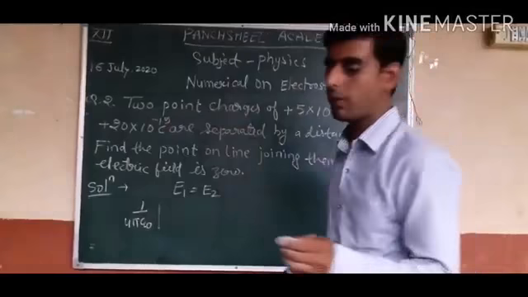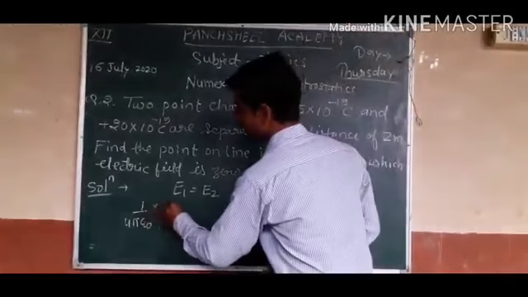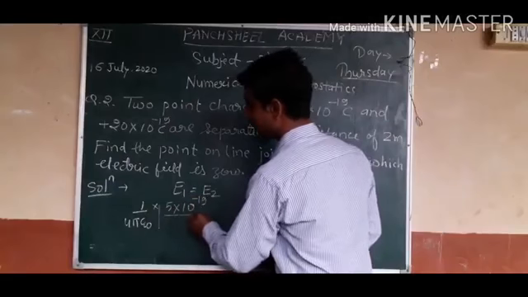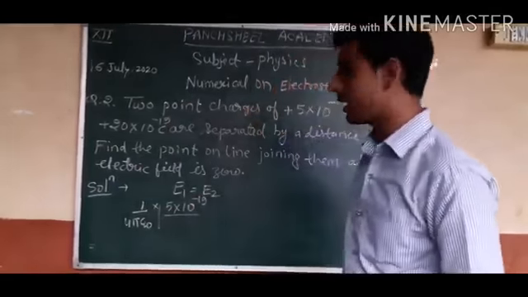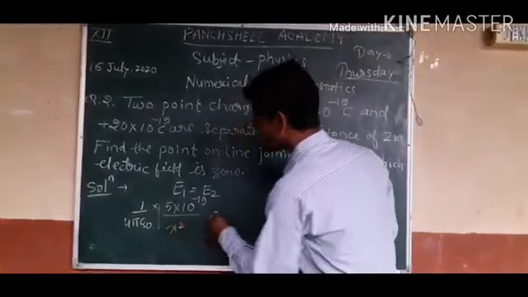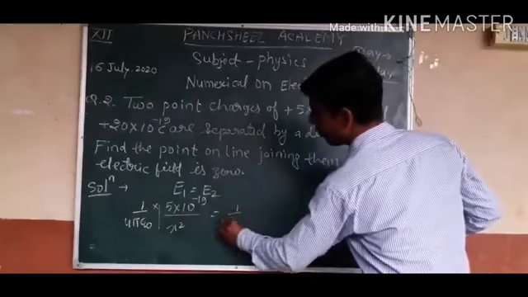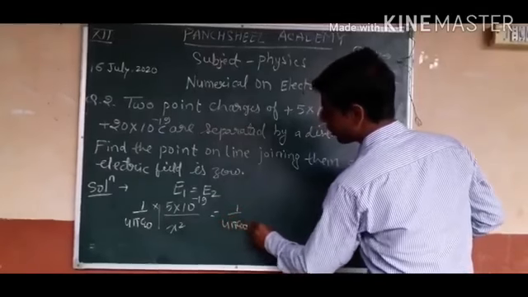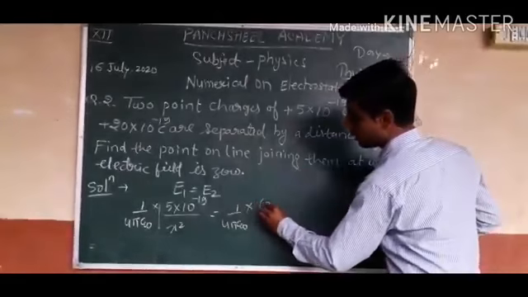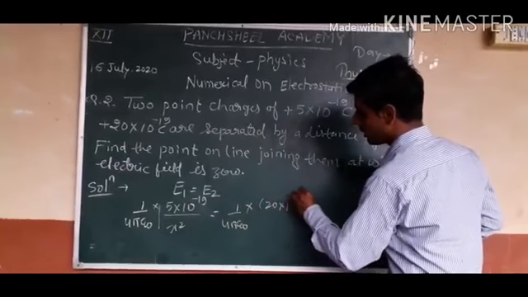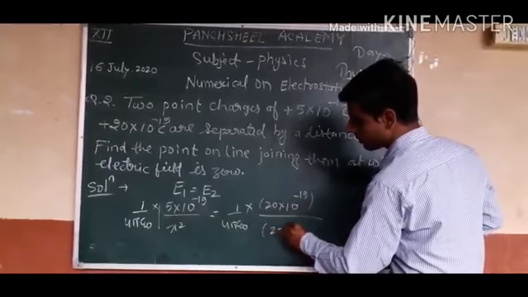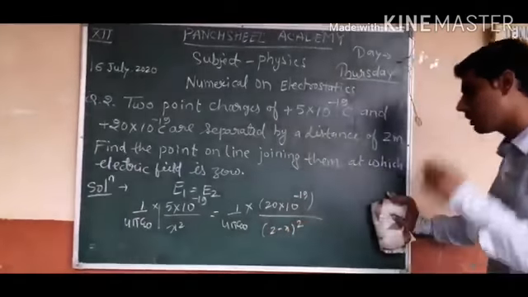That is 5 into 10 to the power minus 19 upon R square. R square means x square, equal to E2. What is the value of E2? 1 upon 4 pi epsilon naught into what is the value of charge? That is 20 into 10 to the power minus 19 upon r square. R square means (2 minus x) square.